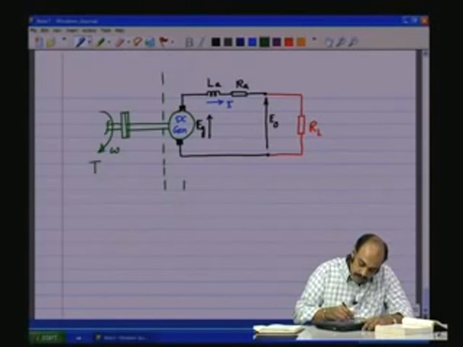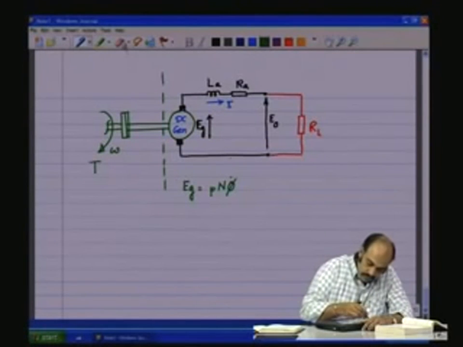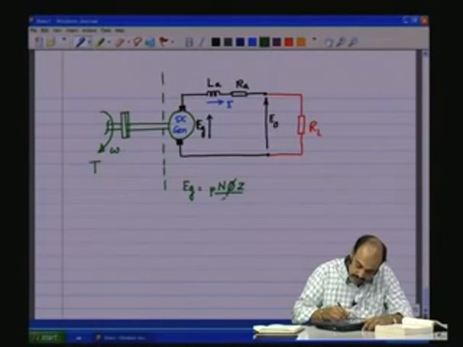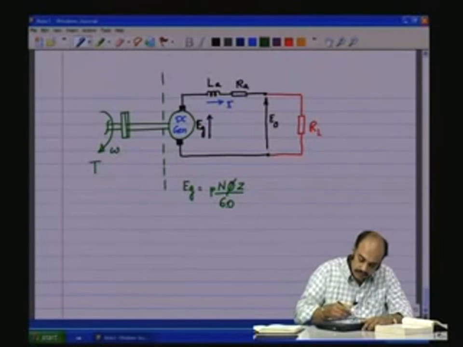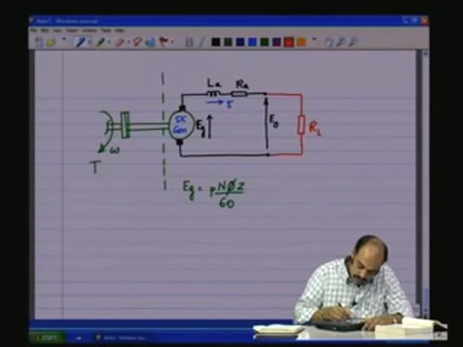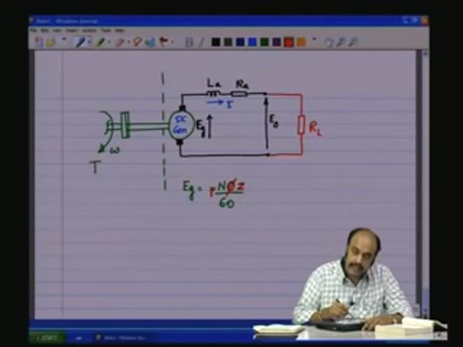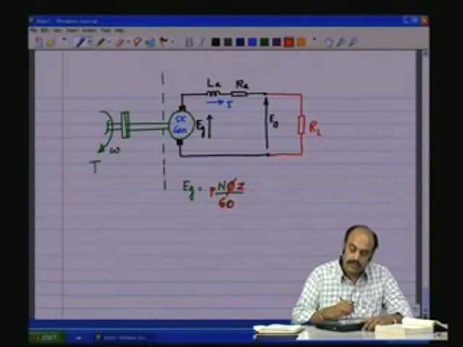Now, E g is P n phi Z by 60. So, for a given machine, this is fixed for a given excitation. The total number of current conductors in the armature is fixed, and of course, this is a constant.